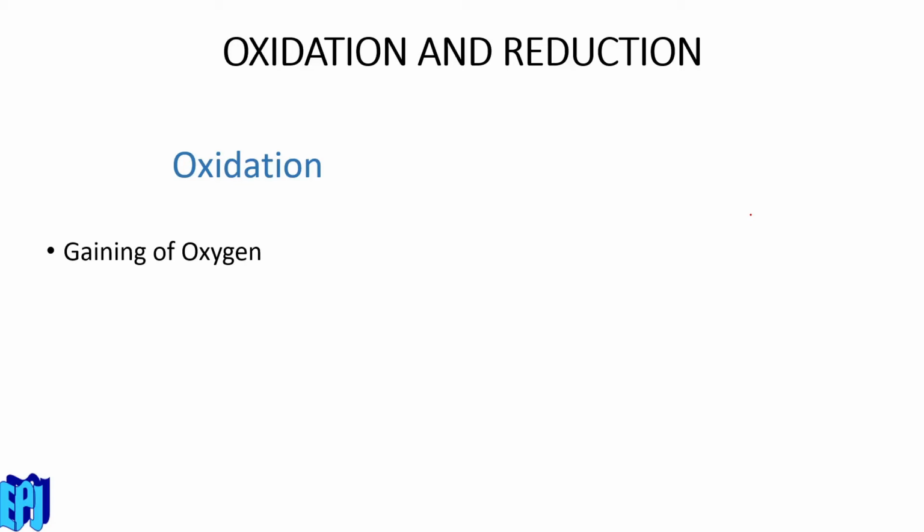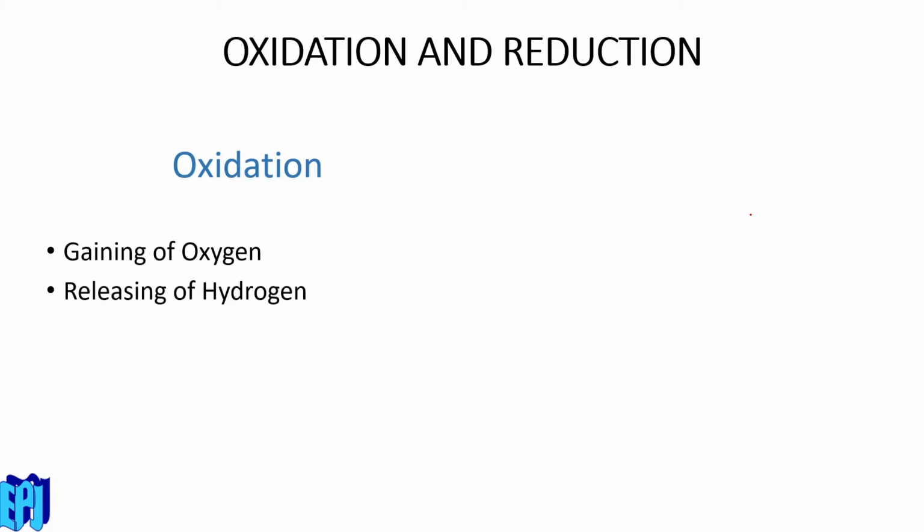Years and years ago, the ancestors believed that oxidation is the process at which the gaining of oxygen occurs. At the same time, reduction is defined as the gaining of hydrogen, because they are opposite, and oxygen and hydrogen are the main vital components. So keep in mind, oxidation is the gaining of oxygen. Another definition is the releasing of hydrogen.